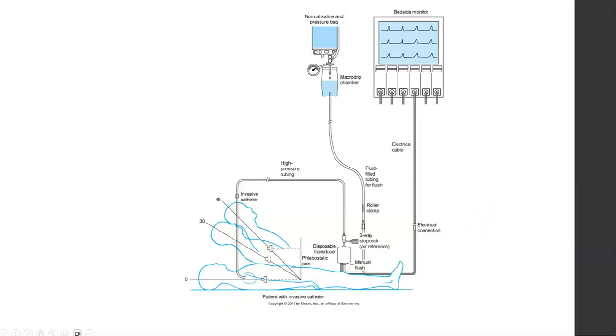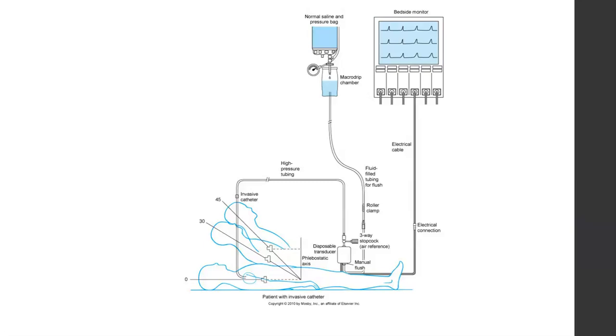So we have 4 different components. We've got an invasive catheter and high pressure tubing that connect the patient to the transducer, which is what helps read and send the signal to the monitor. The transducer receives the physiologic signal from the catheter and the tubing, and then, like I said, it helps convert it into electrical energy and send it.